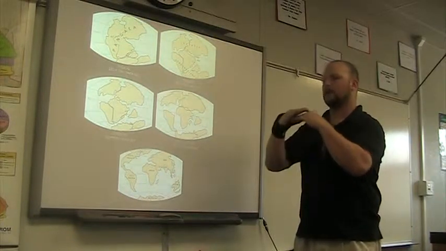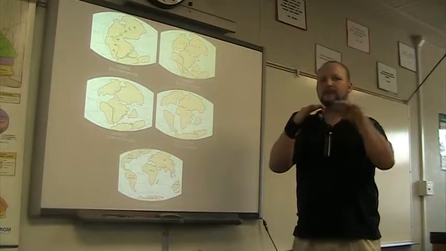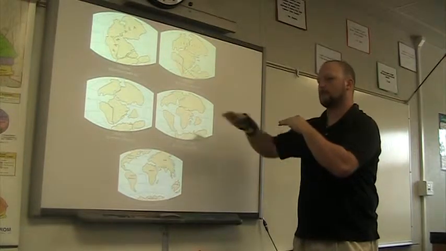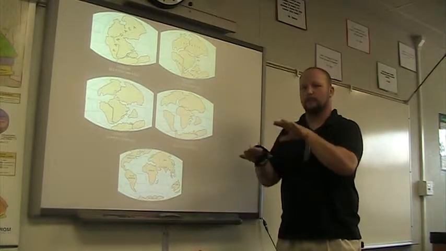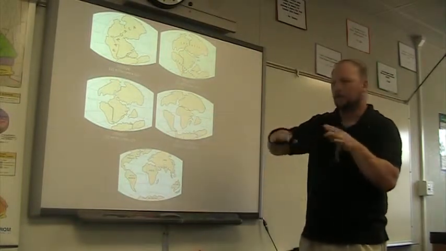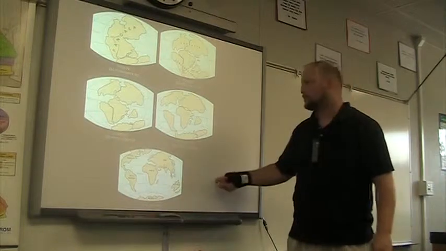So you'll have one layer of rock that may be facing this way, and then you'll have another layer of rock that's maybe facing this way. And that's happening because these plates are moving around the Earth, so that's another way to tell. It's pretty cool.